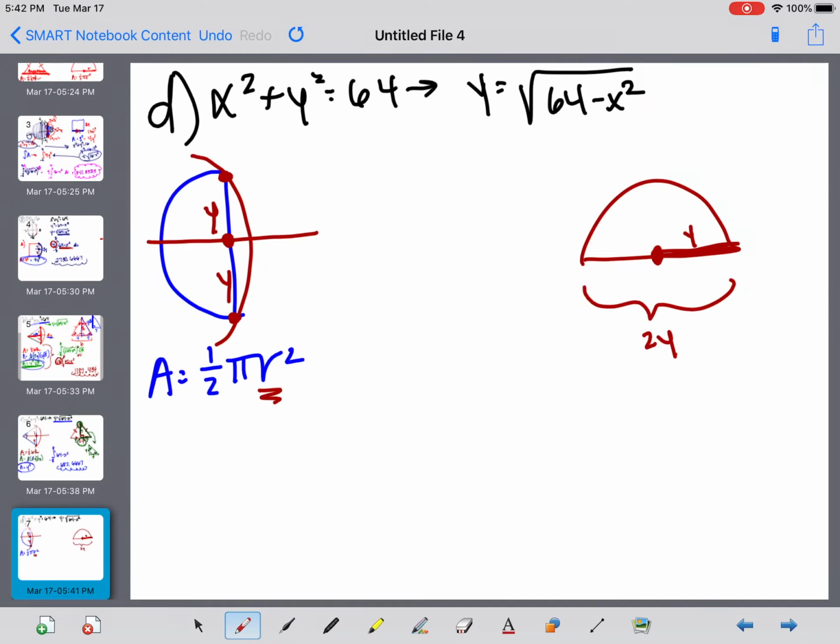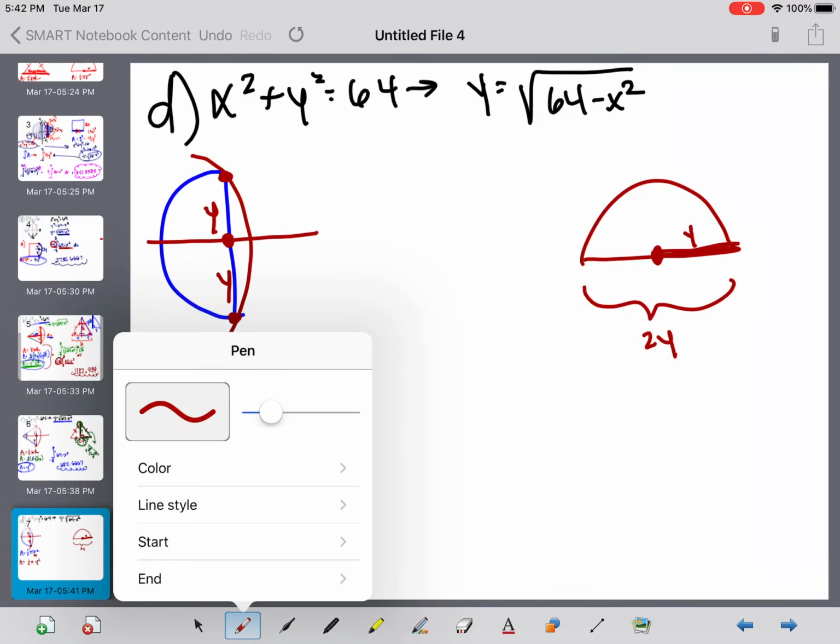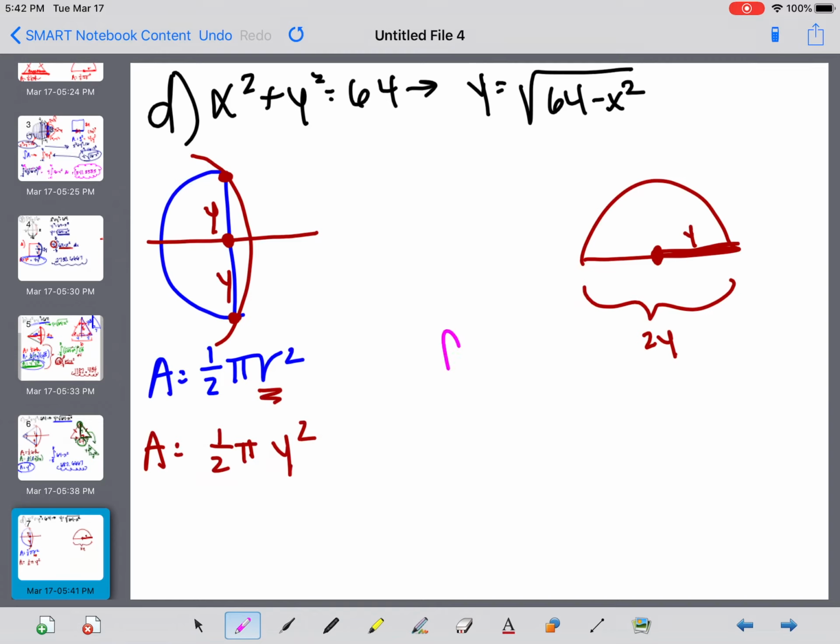So we plug that in right here, and we get that the area formula is 1/2 pi times y squared. I'm going to write out my integral from -8 to 8. I'm going to kick all of this out to the front, so pi over 2 out to the front. And then y squared is just 64 minus x squared.